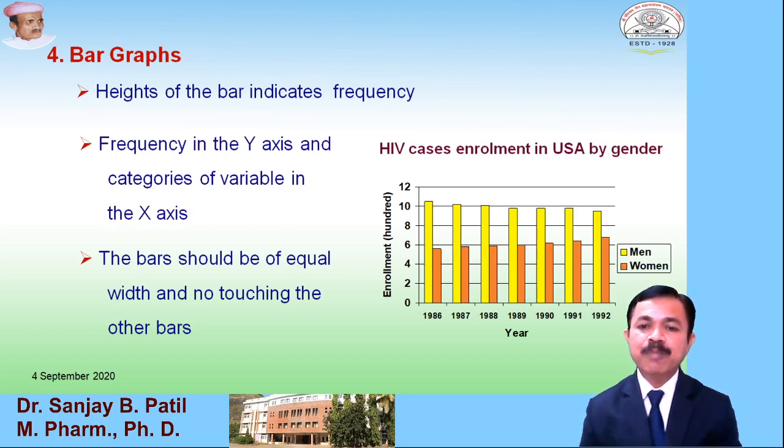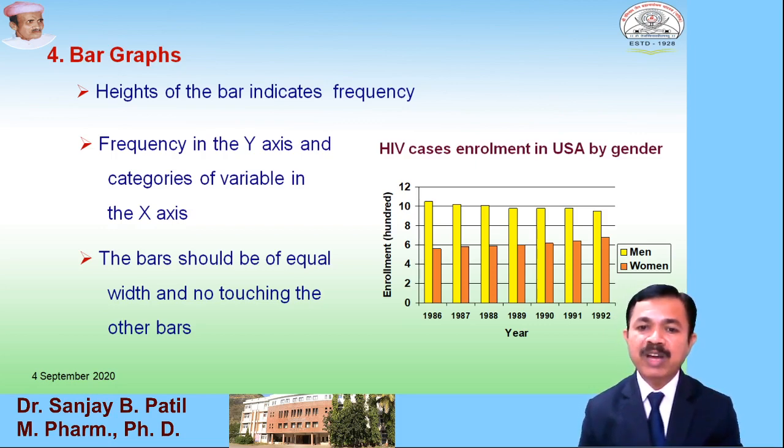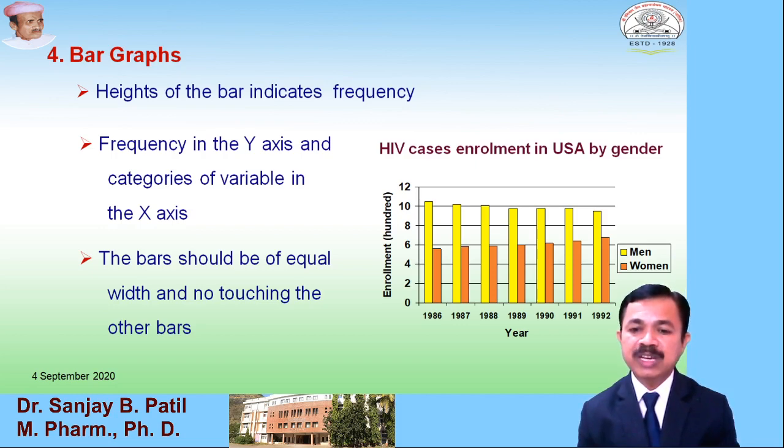So in this example, the bar graph is shown where HIV cases enrolled in the USA by gender are shown for different years like 1986, 87, 88, 89, 90, 91 and 92. So with respect to the number of cases reported for HIV in the USA, the bar chart is constructed.